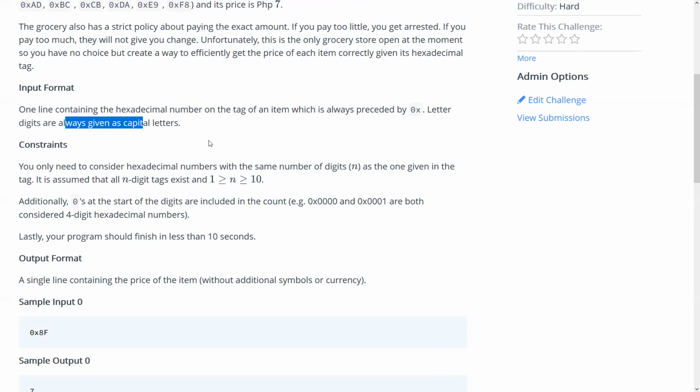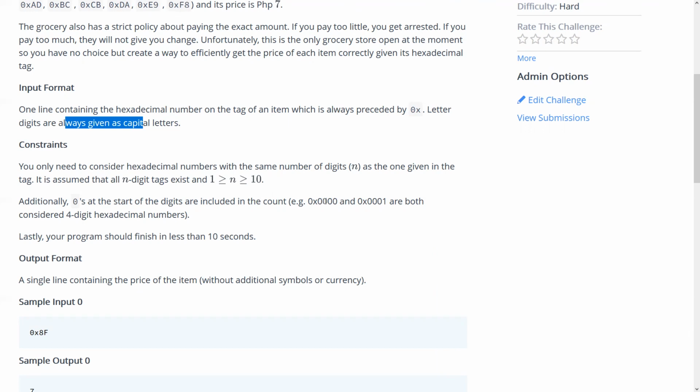And then may limit yung digits natin, 1 to 10, kasi mabilis dumami or lumaki yung runtime pagka ganito. Kasi pagka umabot tayo ng 11, we have 16 to the 11 different hexadecimal numbers to consider. Then, ayun, additional zeros at the start of the digits are included sa count.